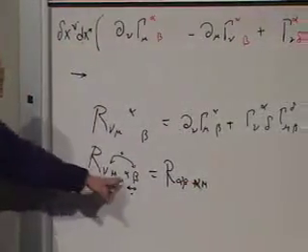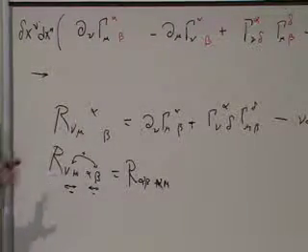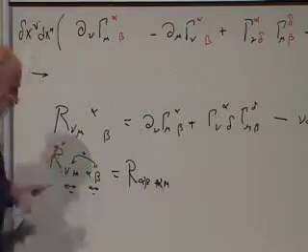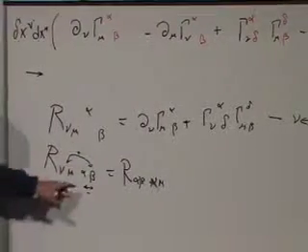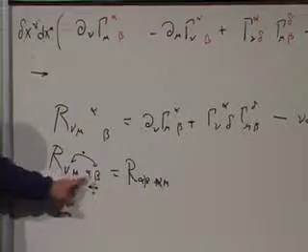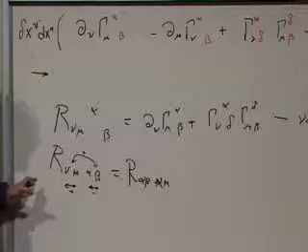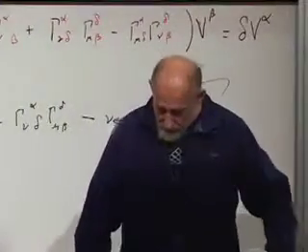If I take α and β and interchange them with ν and μ, the pair of them, then nothing changes. If I interchange a ν and a μ without changing α and β, it changes sign. And if I interchange an α and β without interchanging μ and ν, it changes sign. So those are the basic properties of the Riemann tensor.